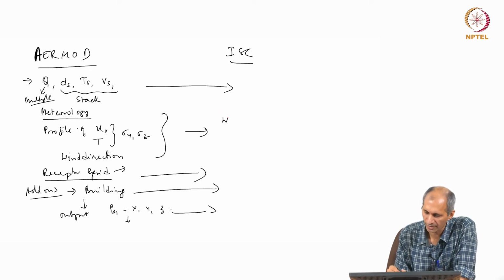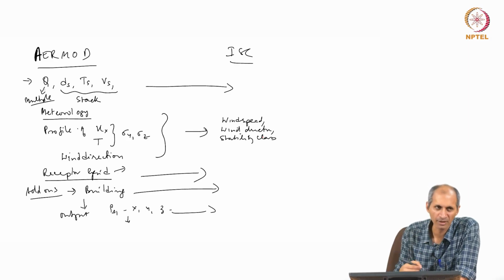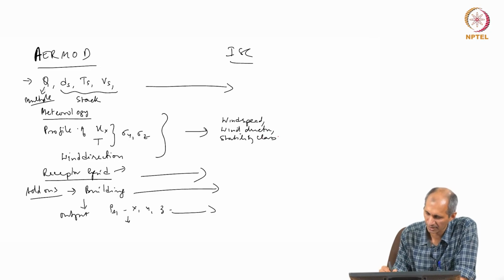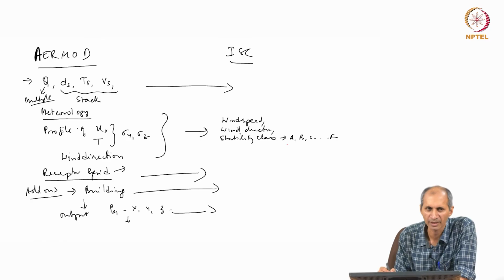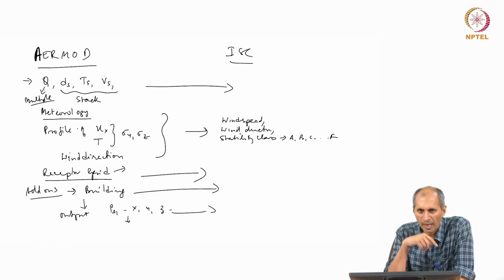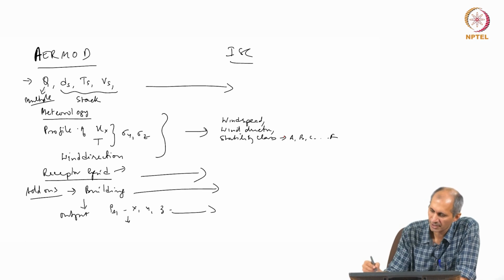You need wind speed, wind direction, and a stability class, which means you have to give an hourly stability class or whatever it should use. Based on that, you give A, B, C or D till F, and it will take sigma y and sigma z correspondingly using those graphs. So, you see those graphs that we saw with sigma y for different stability classes.